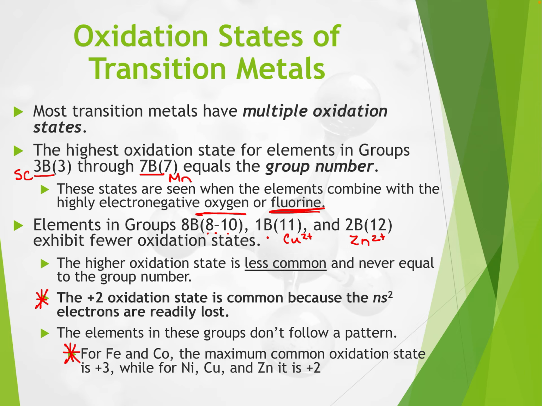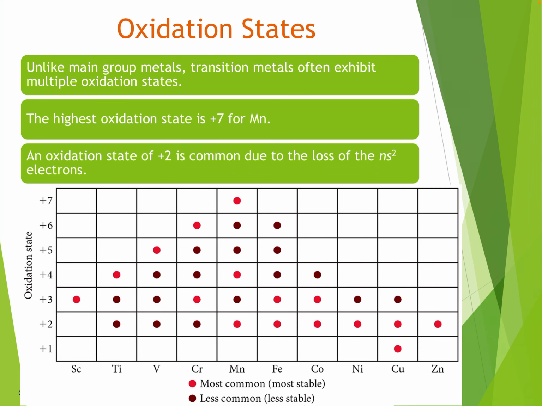But they can make other oxidation states. Like we know that copper is often a 1+, right? Iron can be a 2+, right? There are other oxidation states that happen, but when it's asking for the maximum common oxidation state, follow this. So here they are. The red dots, or the lighter red dots, are the most common oxidation states.